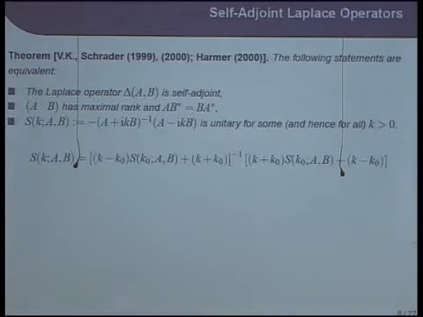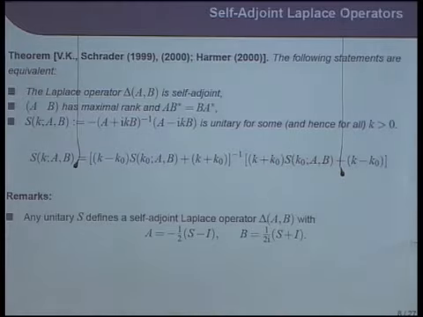So just a short comment on the last sentence. If S is unitary for some k0, then from this almost obvious identity, it's easy to see that S of k is unitary for all k different from 0. So this slide shows this property.